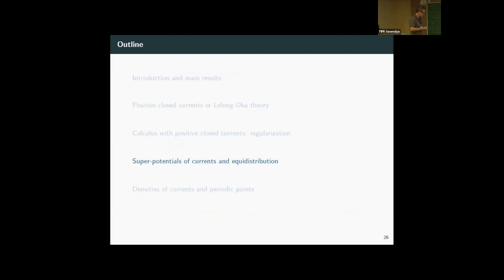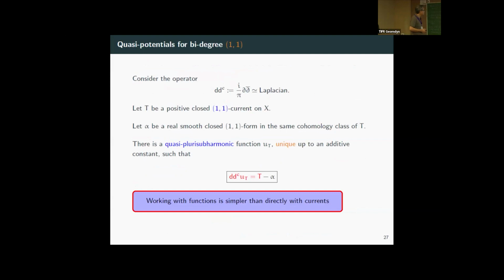Now another point in the theory is the notion of potential. So now I come back to what I said before: why in higher dimension, or more precisely higher codimension, we have problems. So consider a positive closed current of bidegree 1,1. It's like a hypersurface in a complex manifold.